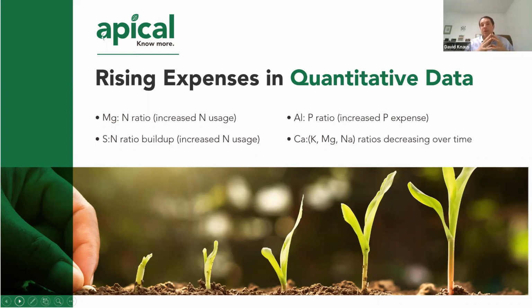Again, back to the aluminum to phosphorus ratio, increasing your phosphate expense, or your calcium ratio is decreasing over time through overapplication of potassium, release of magnesium from latent soil environments, or release of sodium into the soil over time as well, locking out calcium, driving sodium, and driving potassium into the plant.